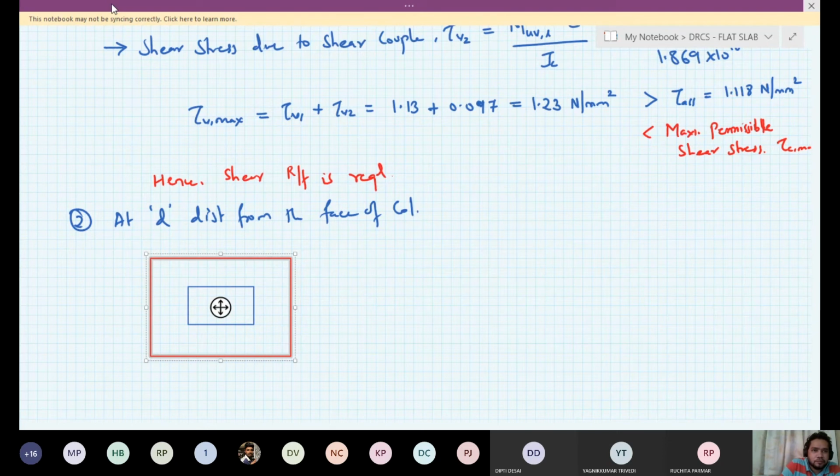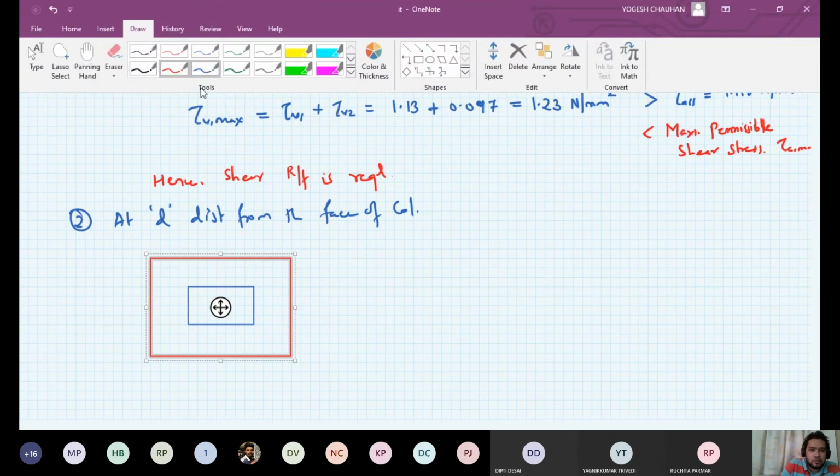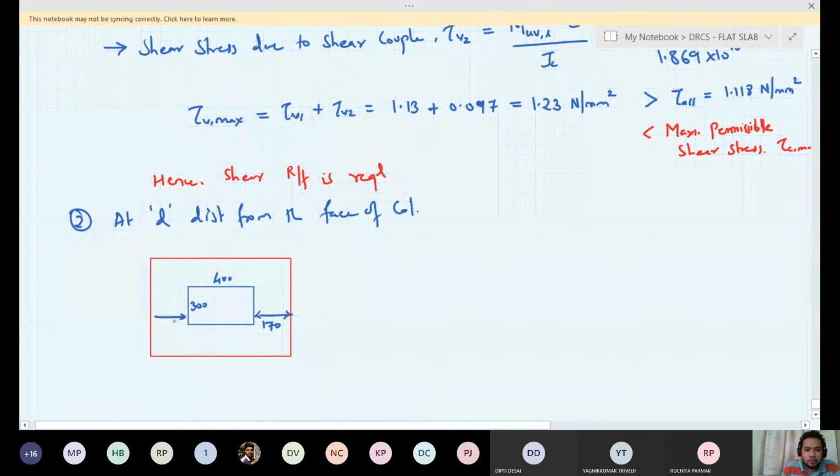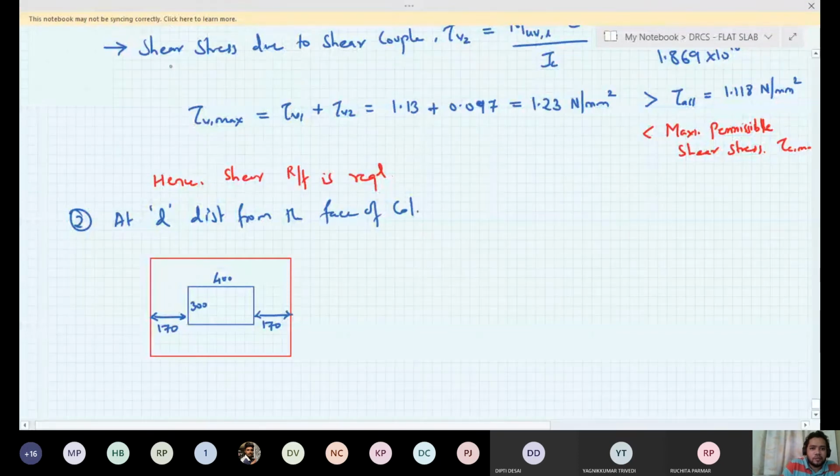So at d distance, this is your 400, this is 300, and this distance will now be 170, and this will be 400 plus 2 times 170, that is 740, and this width will be 640.